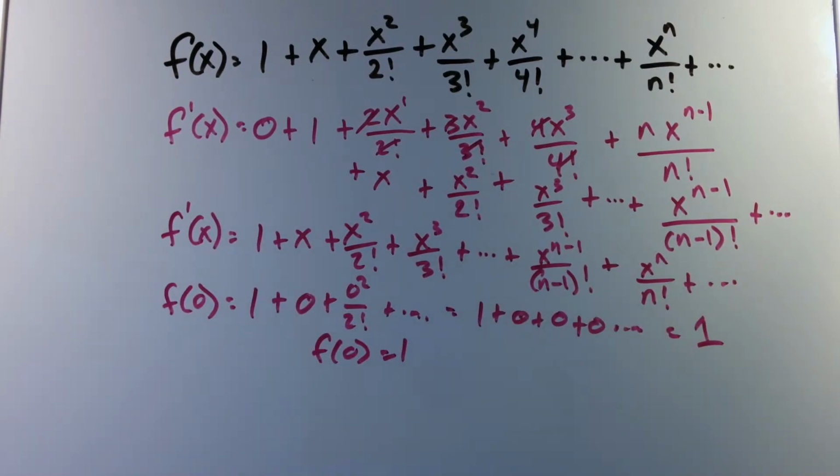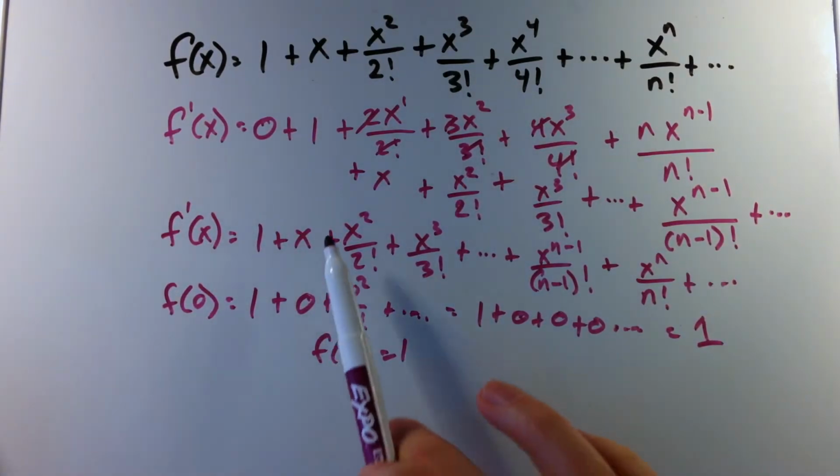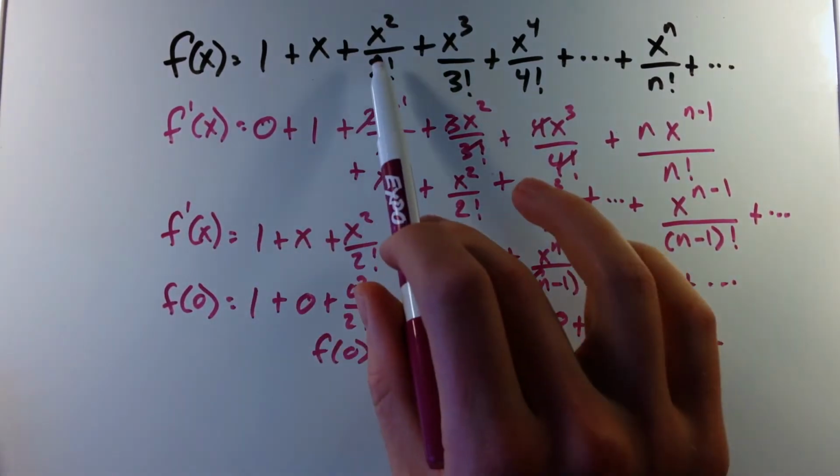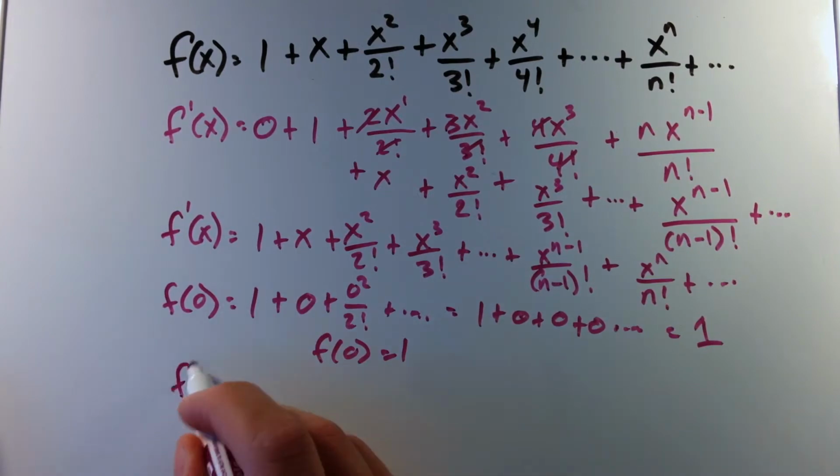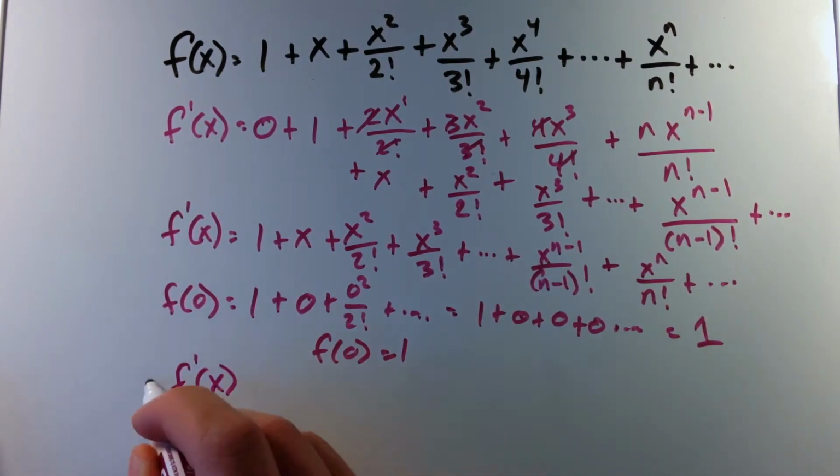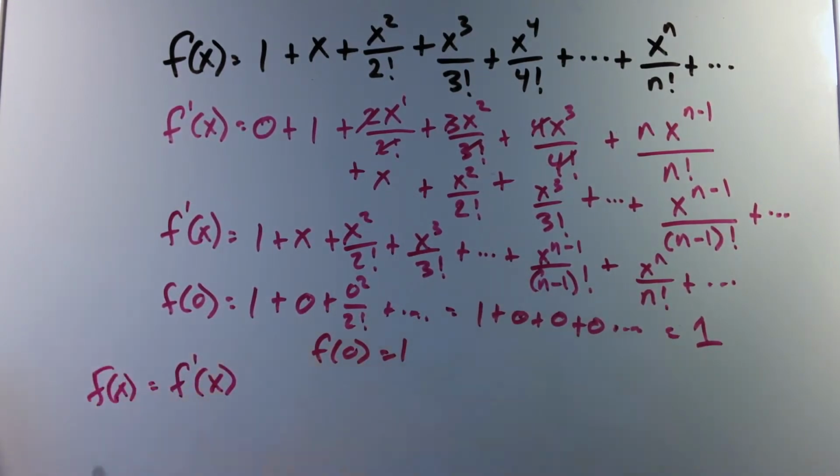Alright, so let's go back to thinking about what function we know that when we take the derivative of that function, we get itself no matter how many times we do it. Since we have this f prime is equal to f of x, what function do we know that maybe has the same thing occurring?